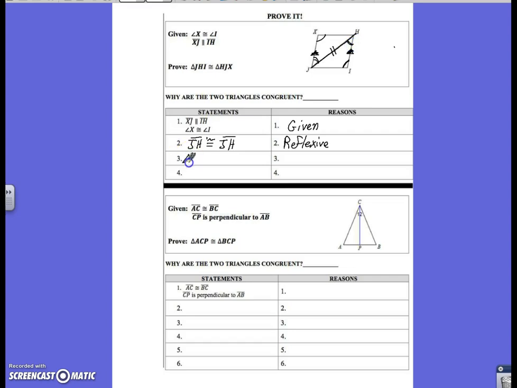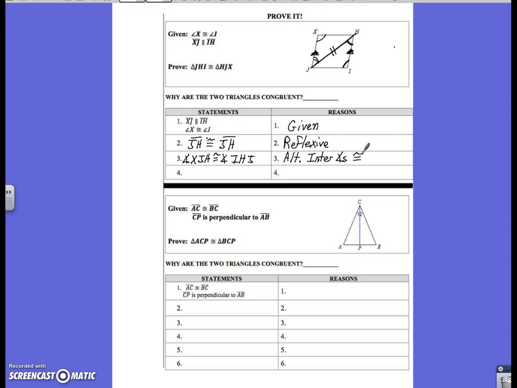So we can say that angle XJH is congruent to angle IHJ by alternate interior angles are congruent. We had that postulate that said alternate interior angles are congruent.